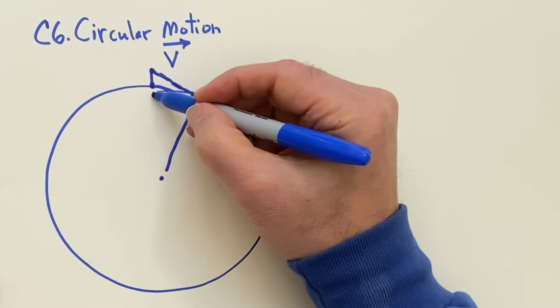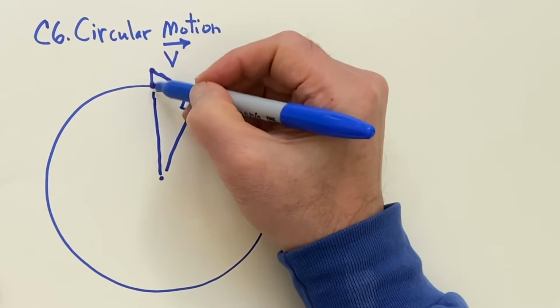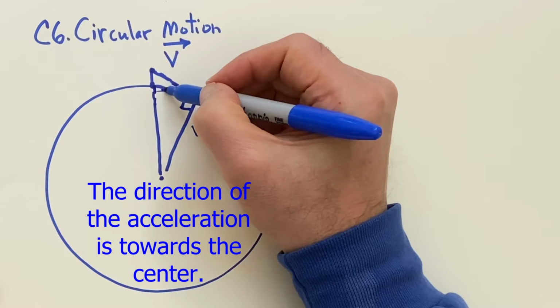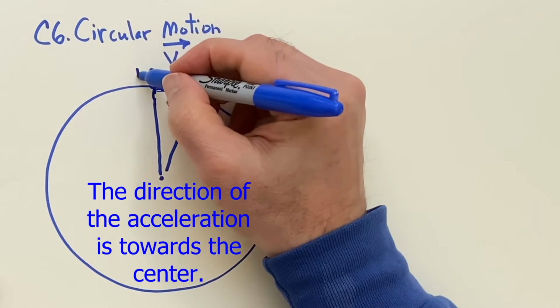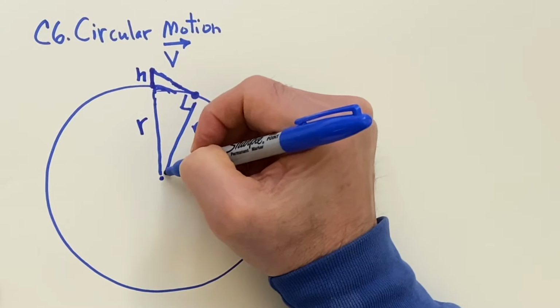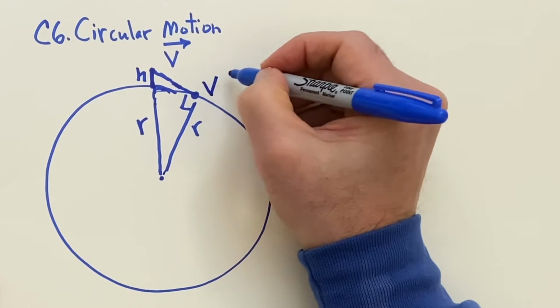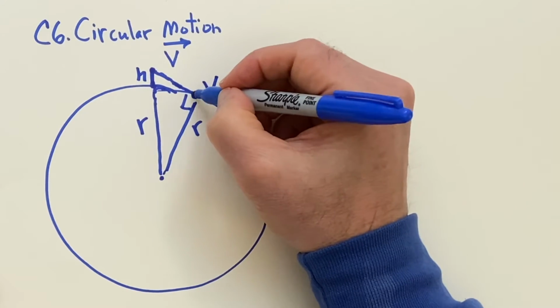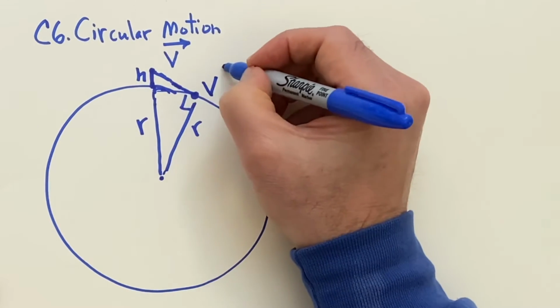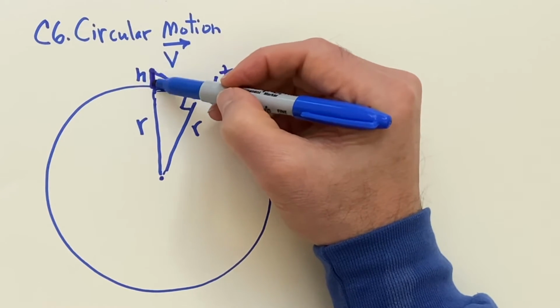So what's happening is that it's like you're falling down. So let's say this is little h here. You fell down. This is r, the radius of the circle, and you're going at velocity v. So this distance, say, is time t. We would go up here, but in that time we're going to fall down here.